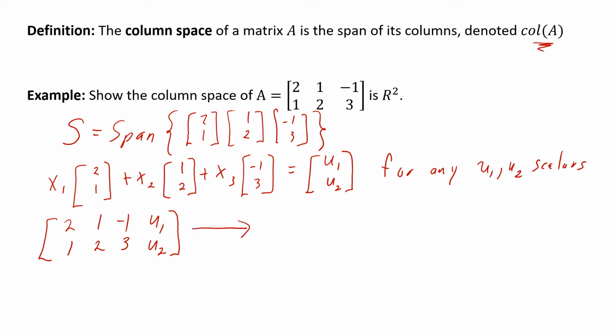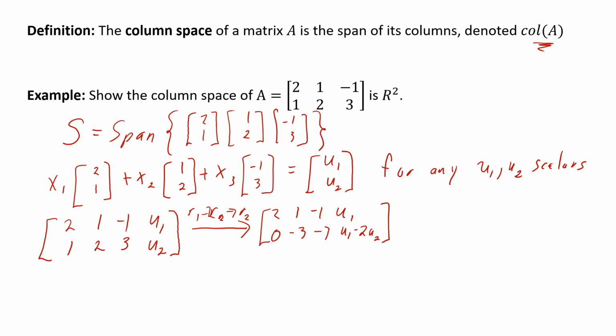So let's reduce it. Take row 1 minus 2 row 2 is the new row 2. Row 1 minus 2 row 2 is 0, -3, -7, and it's u1 minus 2u2. So there's the first one.